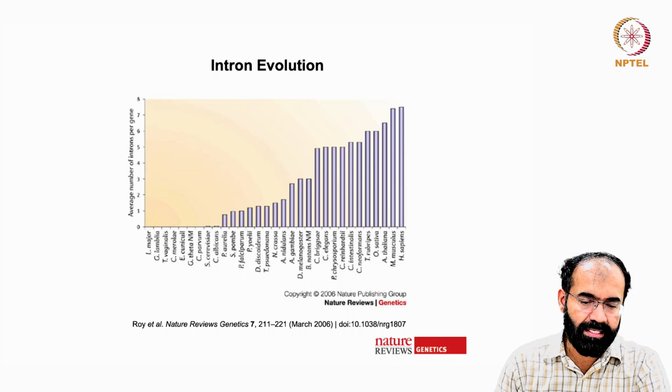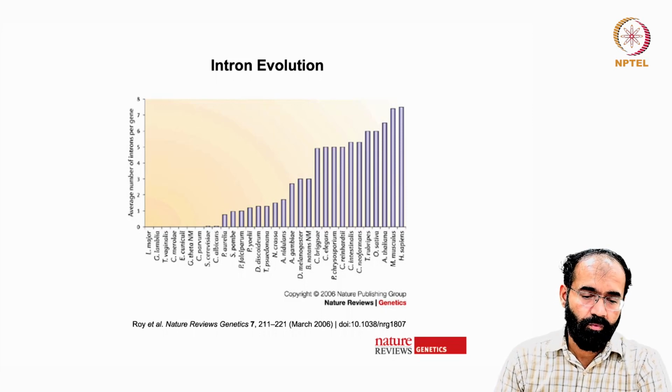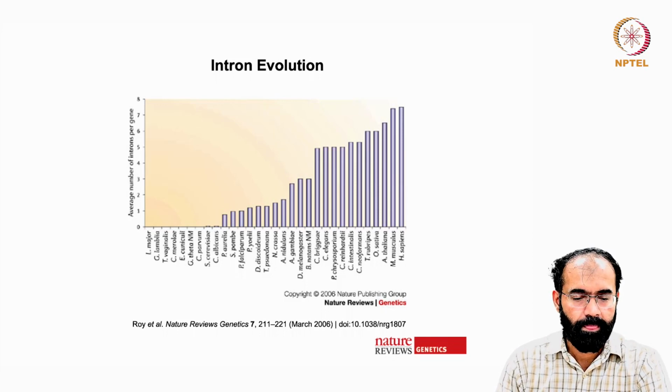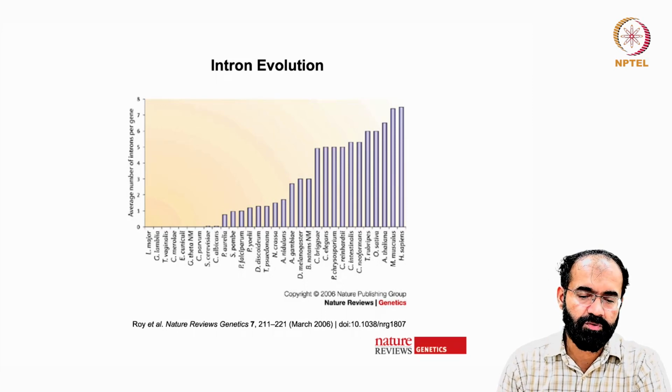If you look at different groups, on the y-axis you have the average number of introns per gene, and on the x-axis you have different individual species.